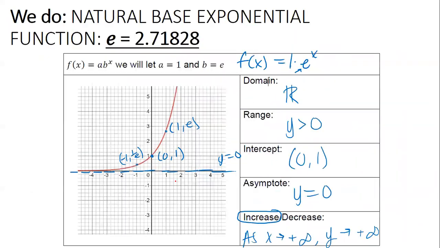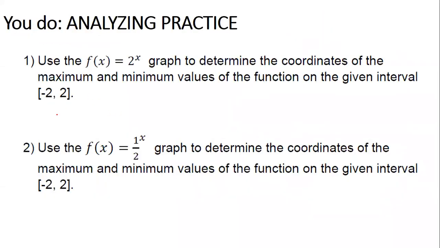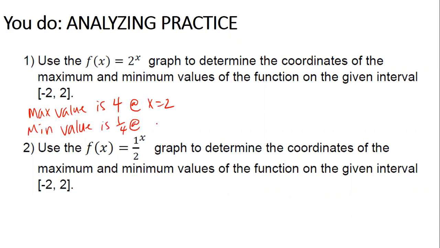So therefore, my max value is 4 at x equals 2. And my min value is 1/4 at x equals -2. Do you see the relationship between the 4 and the 1/4? Do you see how they are reciprocals of one another? Yes?